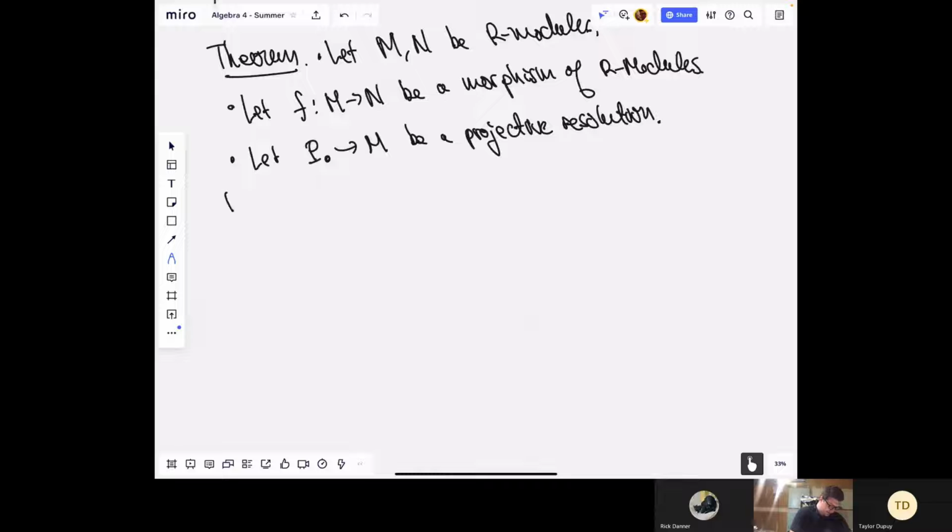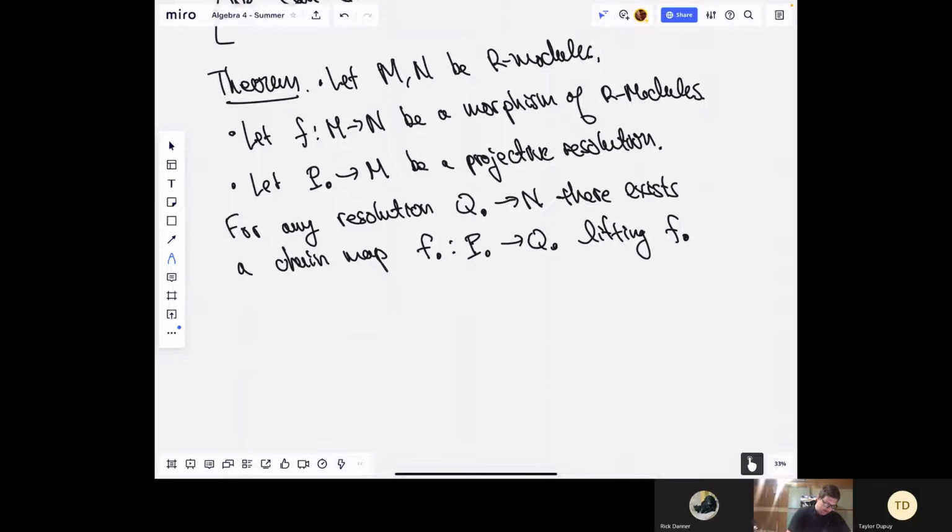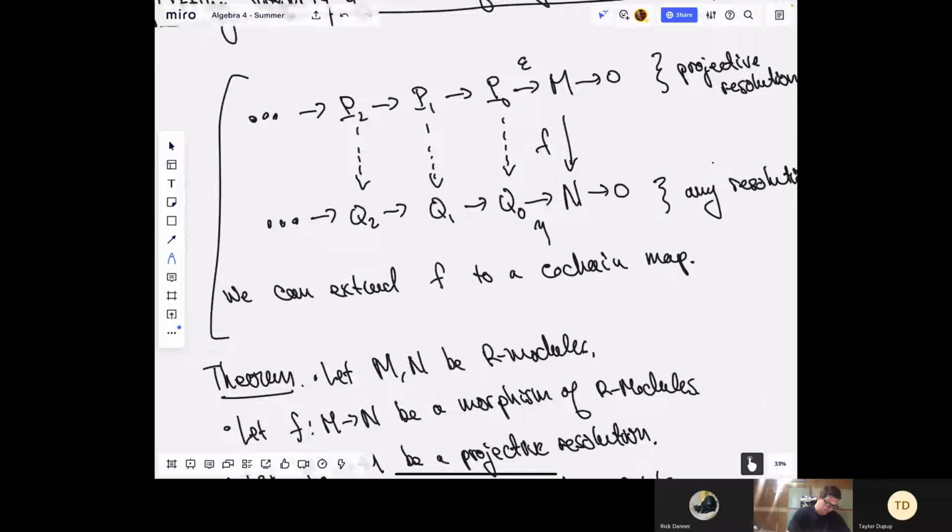so the theorem says, so for any resolution, so not necessarily projective, Q bullet to N, right, there exists a chain map lifting F, so the chain map F bullet from P bullet to Q bullet, lifting F. So in the sense that this diagram commutes.